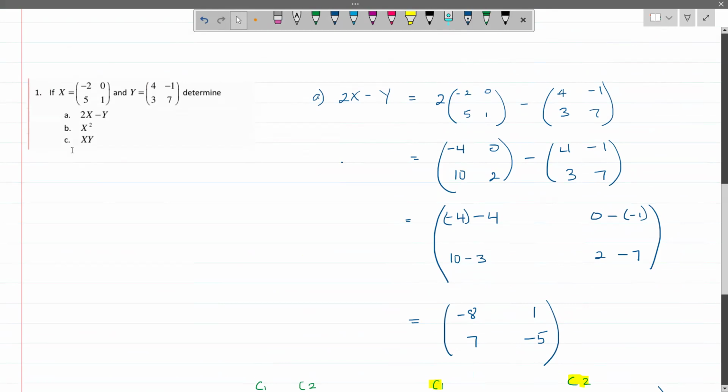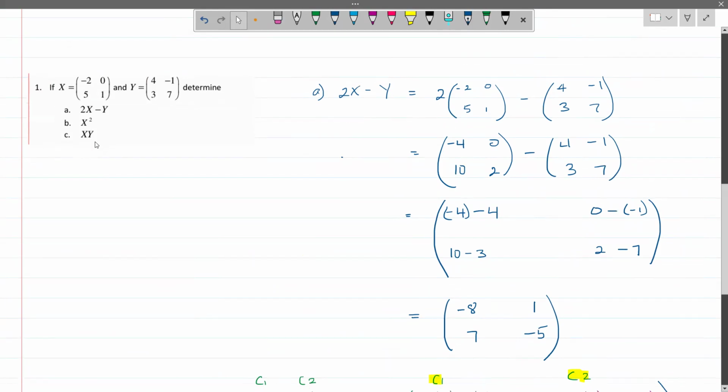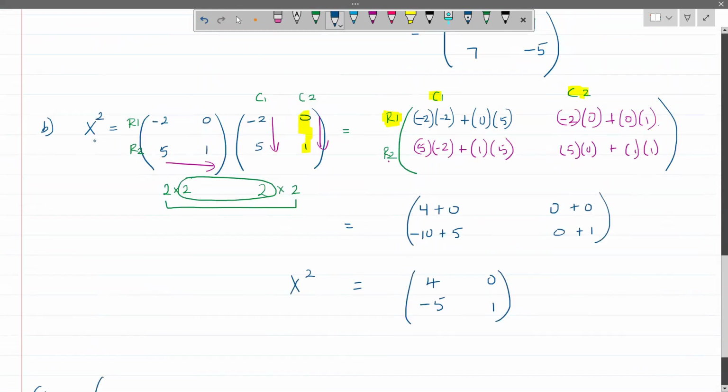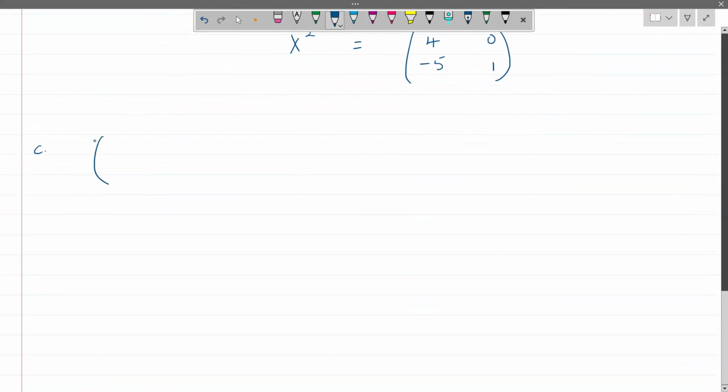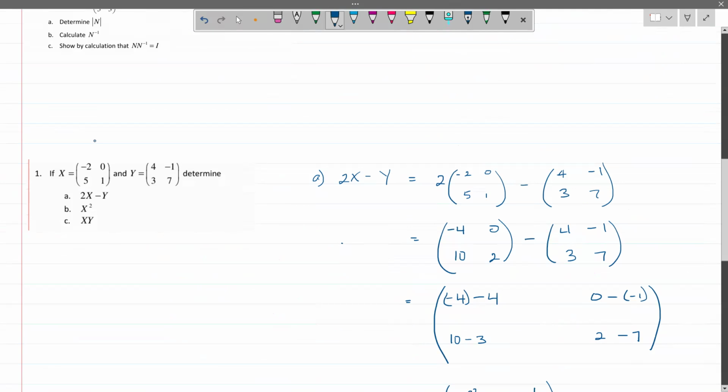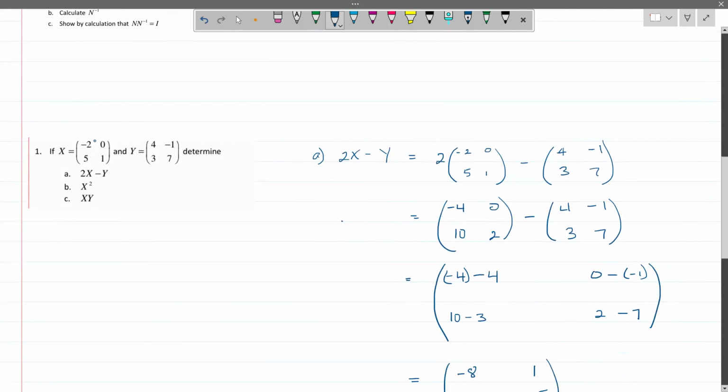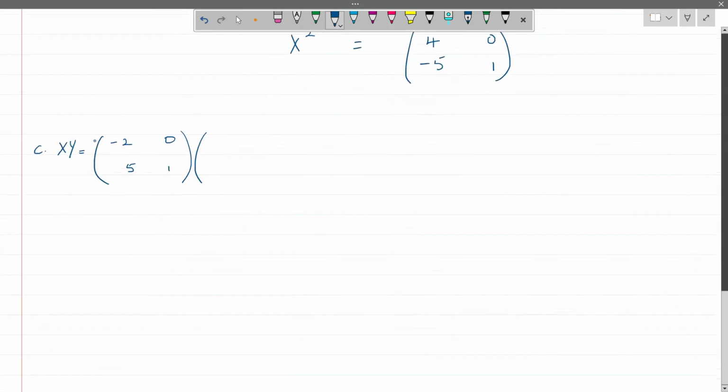And then part C wants x by y. So part C, we're doing x, which is [[-2, 0], [5, 1]], and y is [[4, -1], [3, 7]].